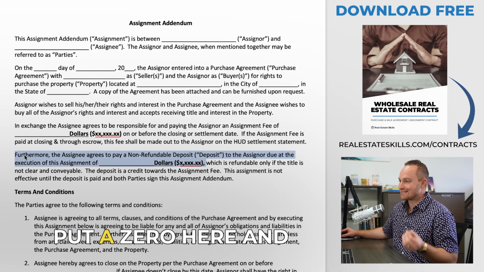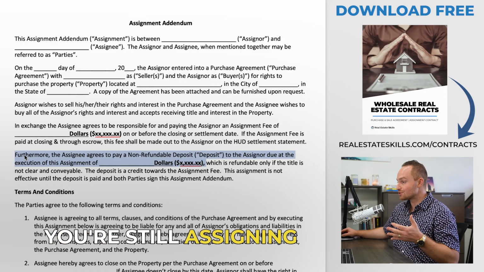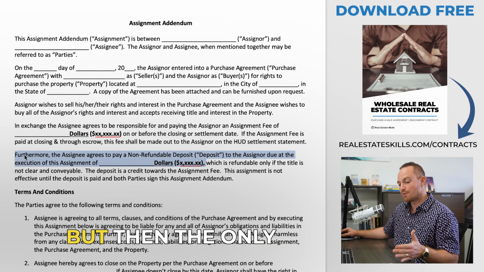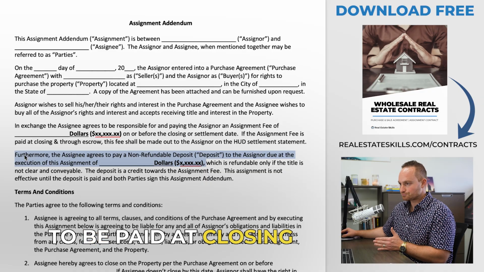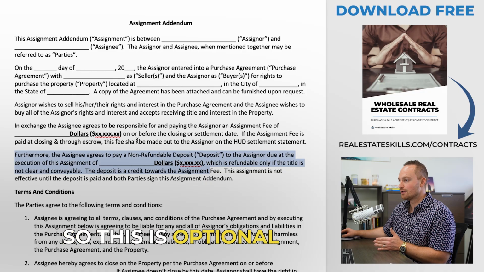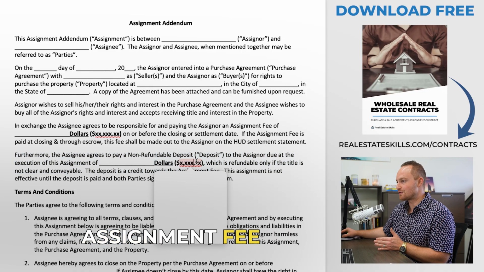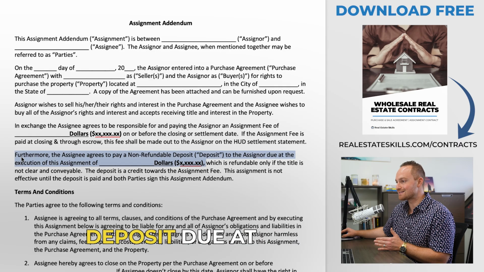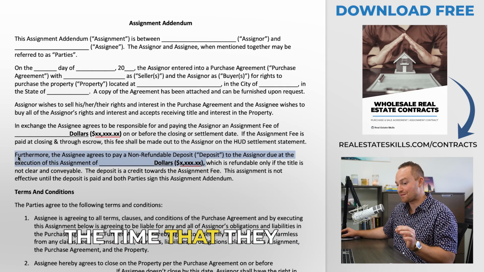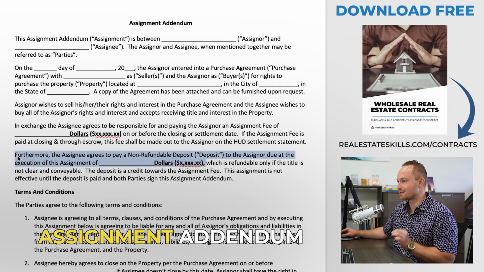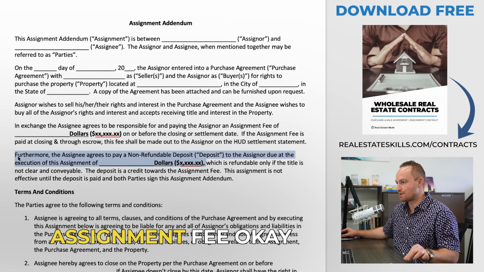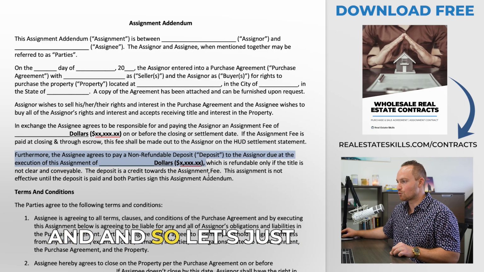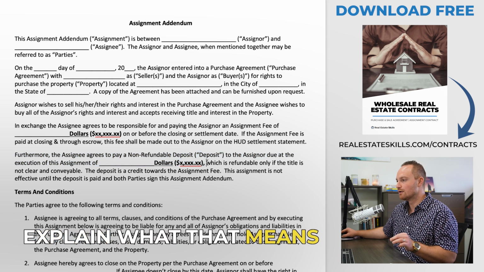Otherwise, you can put a 0 here and you're still assigning the contract to them, but then the only money you're going to receive is going to be paid at closing. So this is optional. Again, this isn't where you put your assignment fee. This is a non-refundable deposit due at the time that they actually sign this assignment addendum. So this is a credit towards the assignment fee. Okay, and so let's just finish this and I'll explain what that means.